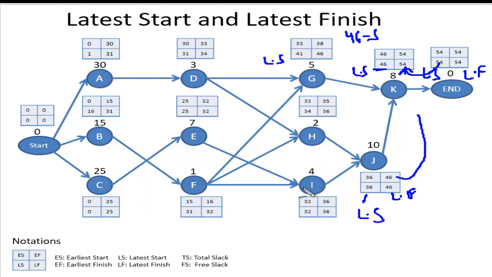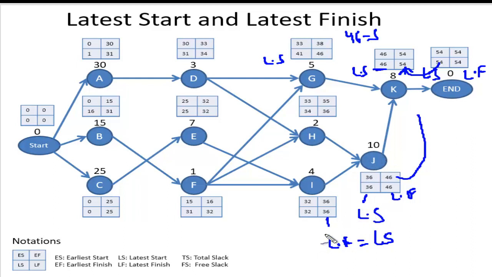Now I, same way, it is 36, so the latest finish time will be 36. The latest finish time will be the same as the latest start time of the next node, because we are coming in reverse now. Basically J is the next node, I is the predecessor to J, but because we are coming from J to I now, that is what we are talking about.